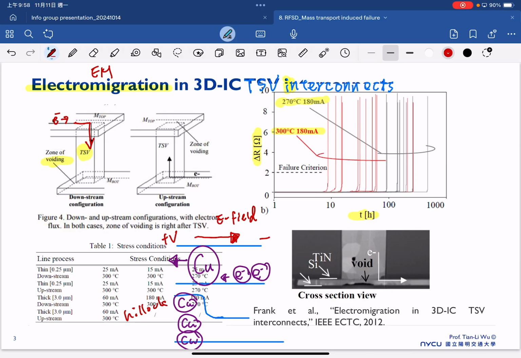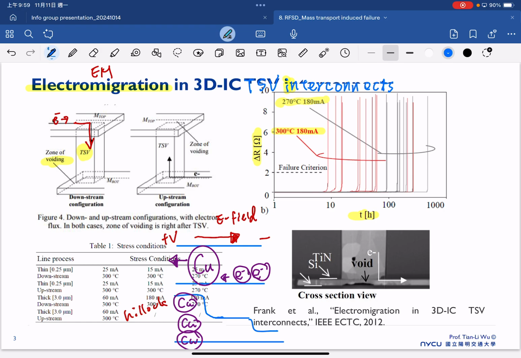So we'll have a hillock formation on one side, but of course the overall amount of copper along the interconnection line is the same. That means if the copper increases at one side, somewhere the copper must be depleted. So you will start to see the depletion of copper on the other side, because all the copper atoms have been pushed toward the left.